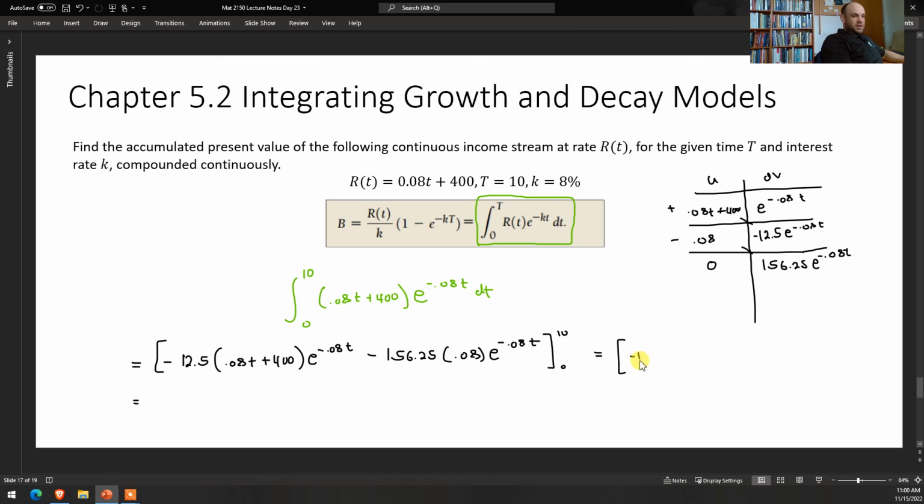This is negative 12.5 times 0.08 t plus 400 minus 156.25 times 0.08, and now all of that times e raised to the negative 0.08 t.